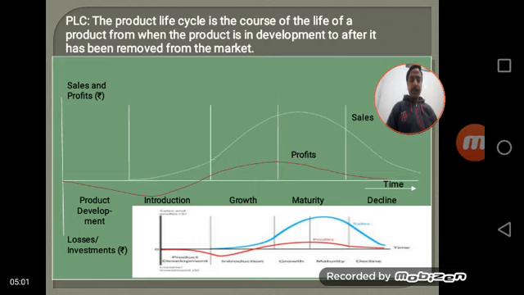Because you have already rented a building or an office, or you purchased raw material, or you purchased machinery, you hired labor, and all this cost is included, and still your product has not come to the market. So in this stage, every company, every business will always, at the initial point or first stage, have a loss.